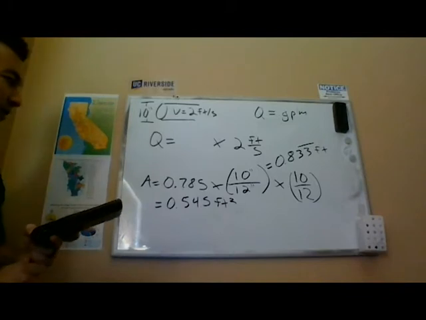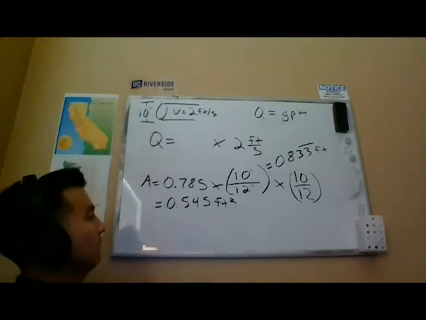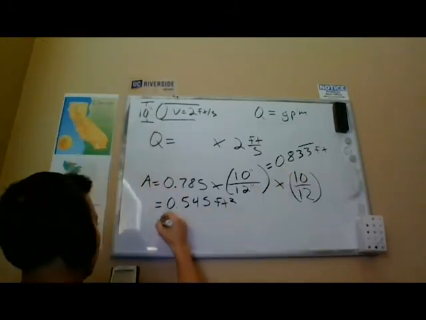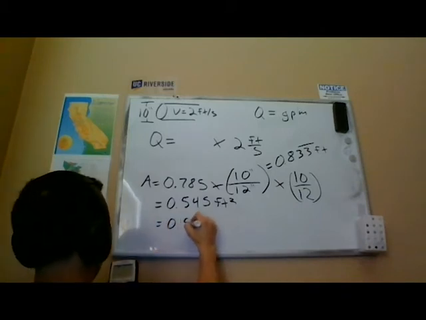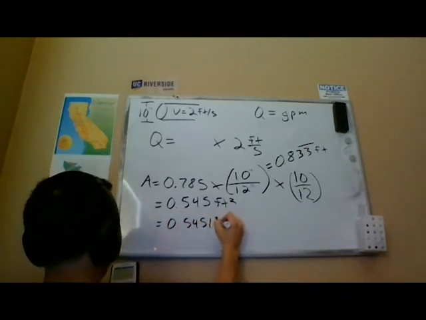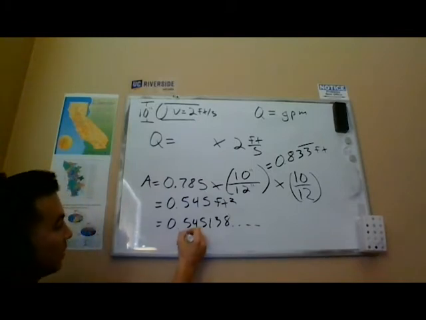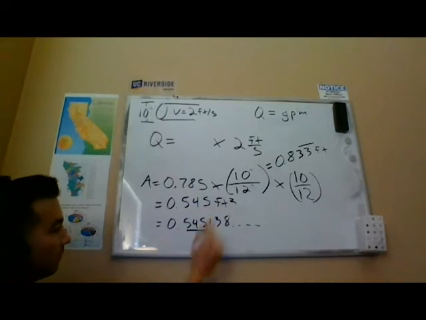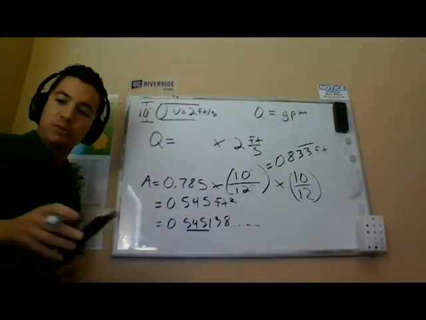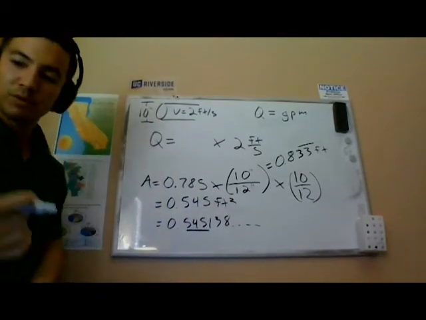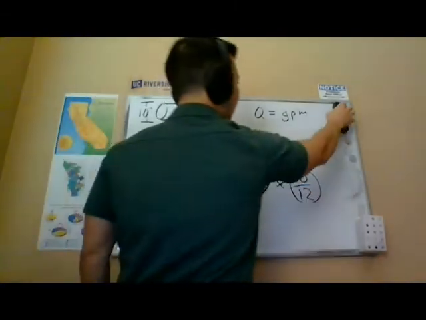If I don't round, that's going to get me to 0.545138, and so on. So when we look at the 3 digits that we're keeping, they're actually the same, 0.545, 0.545. So do whichever way you are most comfortable with, whichever way you are more confident with.